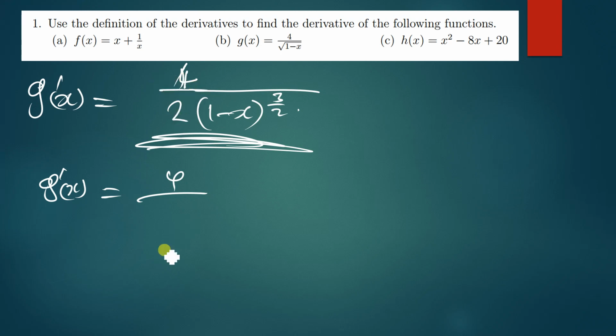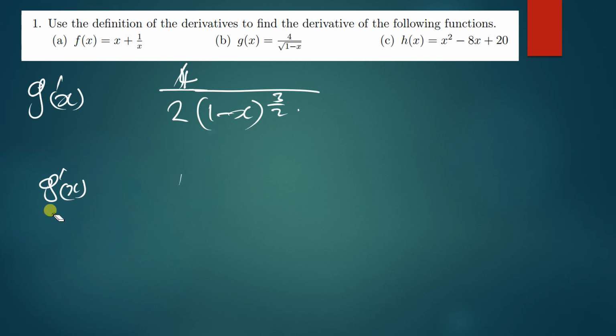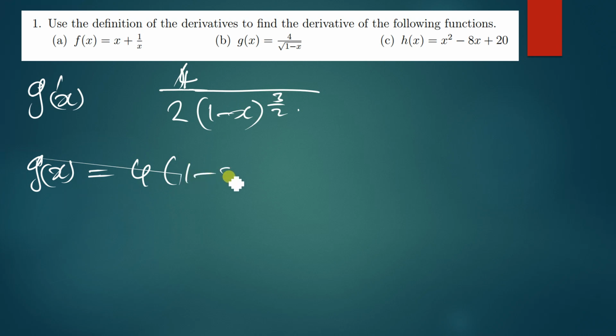Sorry for that. So on top there's supposed to be 4. Let me just do this. So we have g of x being equal to, it can be written as 4 times open brackets 1 minus x to the power negative half.